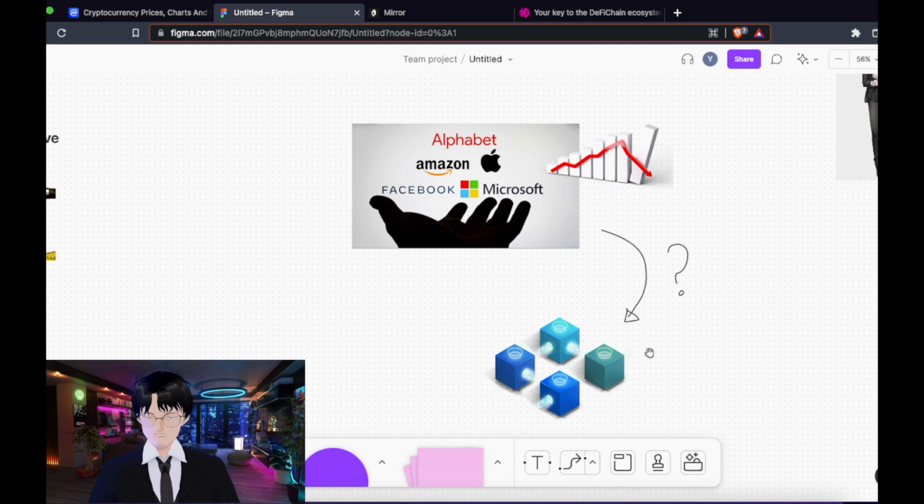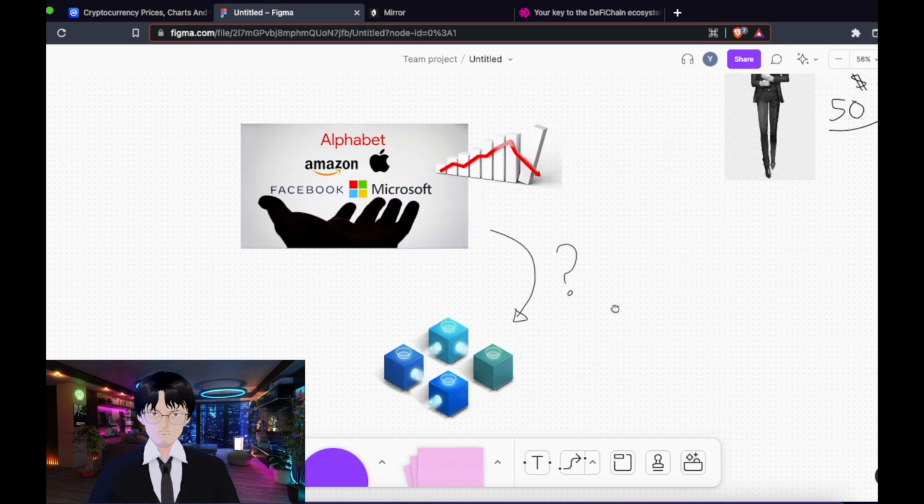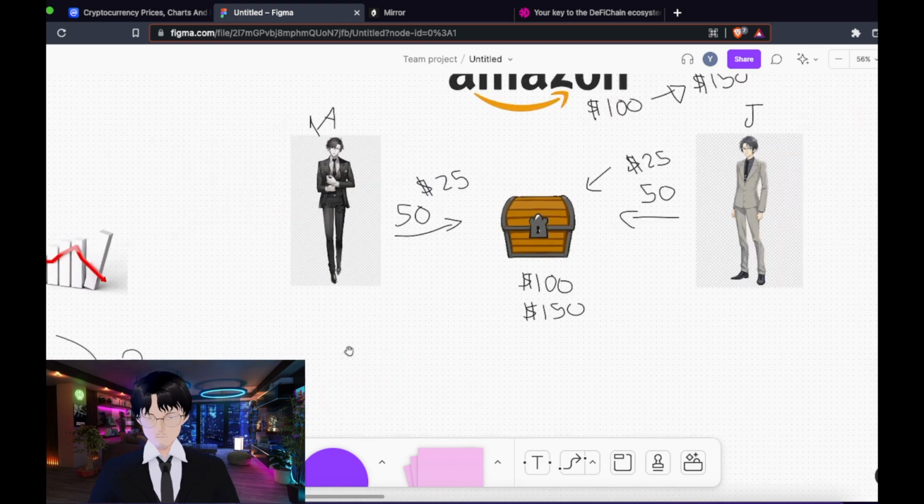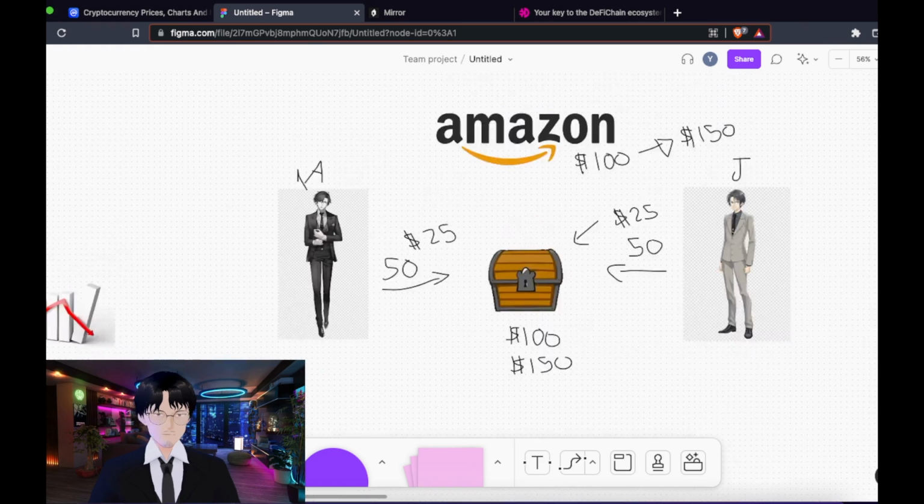That's the main question. Because with synthetics, you're not actually buying company issued stocks. So the question, what do you really own? Here's a very quick and easy to understand example. Let's pretend Adam and Josh are both in South Korea and they don't have access to the US stock market, but they still want to purchase Amazon shares.